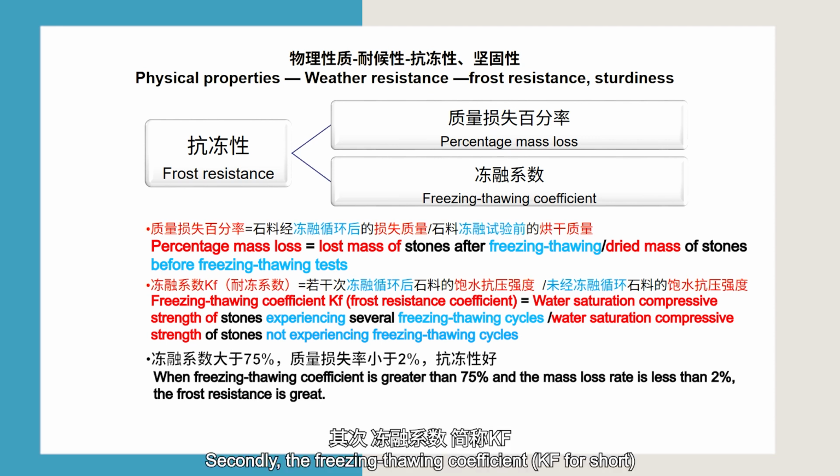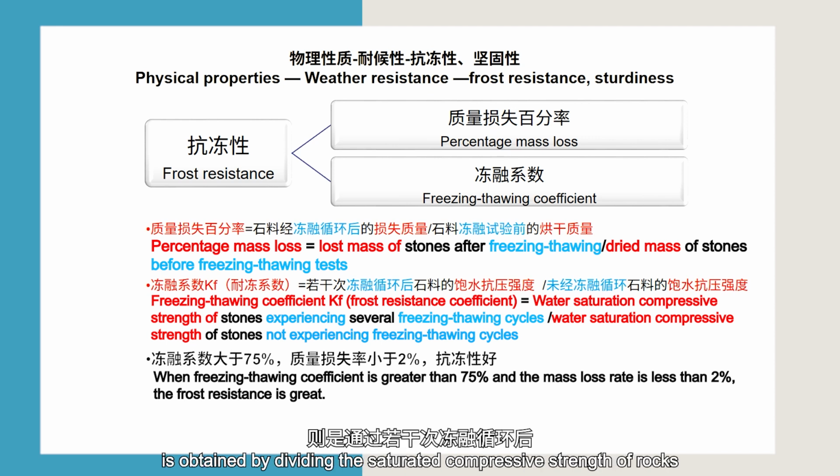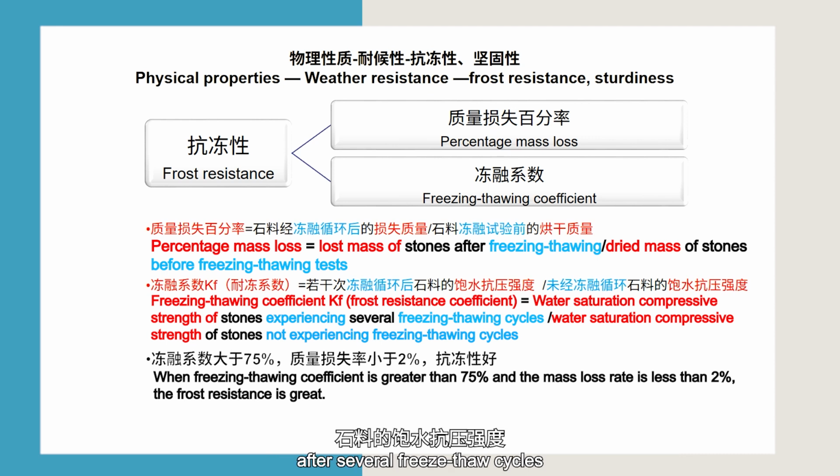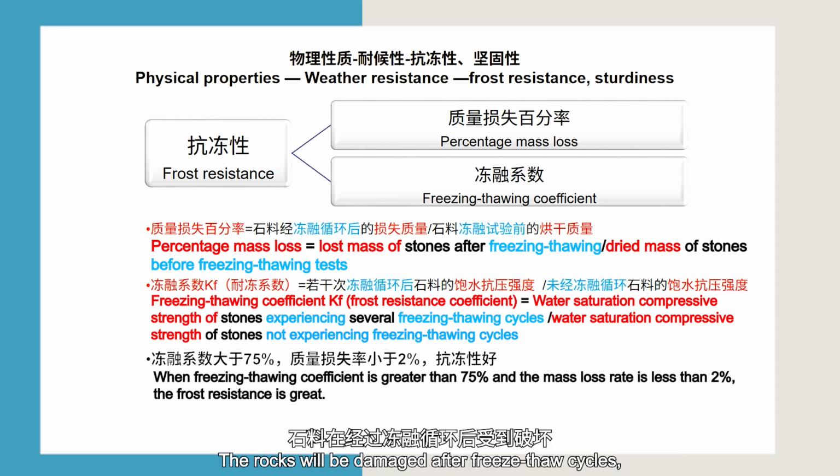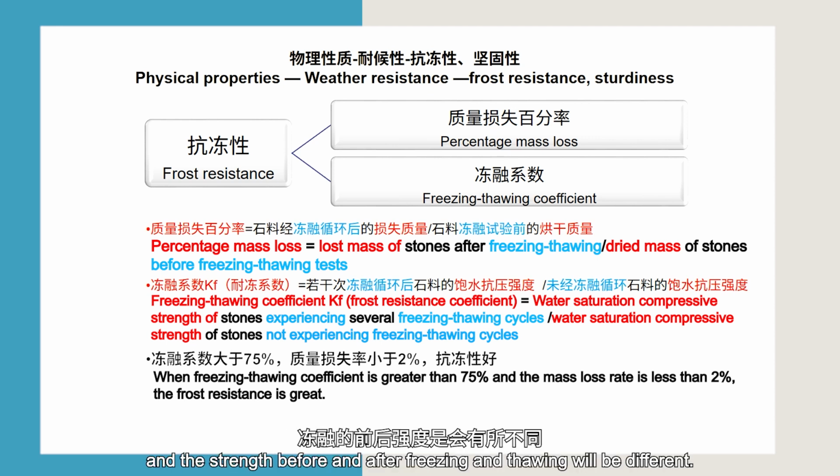Secondly, the freezing-thawing coefficient, Kf for short, is obtained by dividing the saturated compressive strength of rocks after several freeze-thaw cycles by the saturated compressive strength without freeze-thaw cycles. The rocks will be damaged after freeze-thaw cycles, and the strength before and after freezing and thawing will be different.